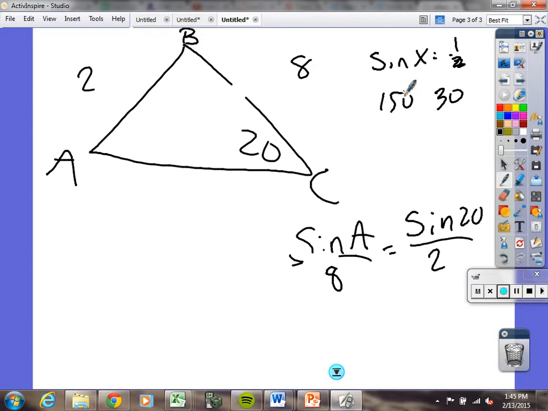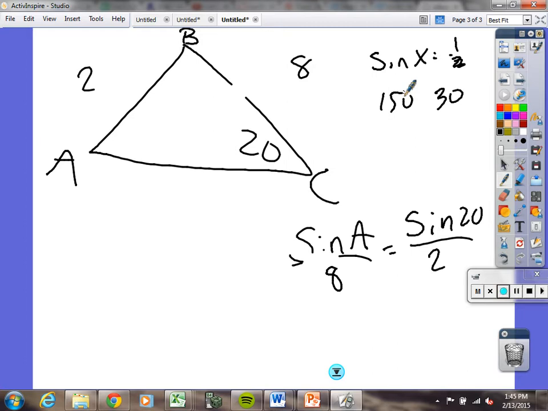Why did I ask sine of that? I'm just trying to give you an idea that, once again, we're comfortable with the unit circle right now. There are always two angles that give me a positive half. And in sine, those angles are anywhere between 0 and 180. So there are two values that give me a positive value, right? Does that make sense? Well, we do know A is larger.